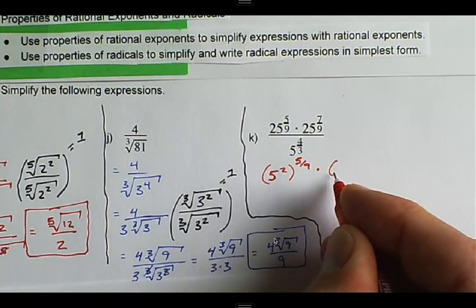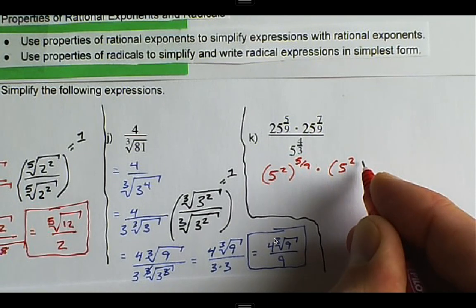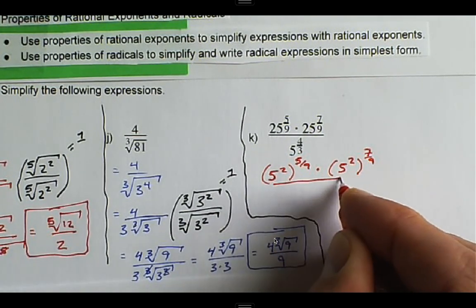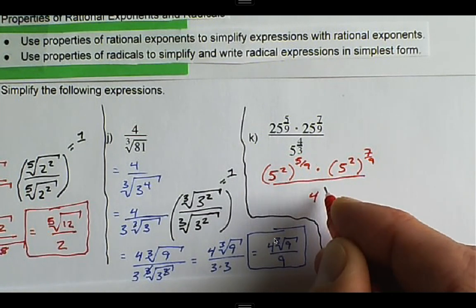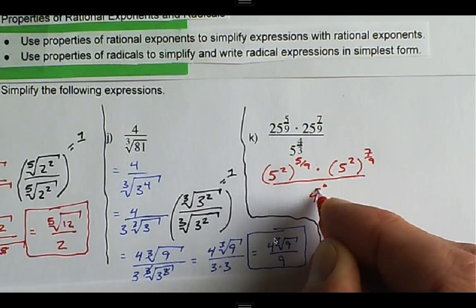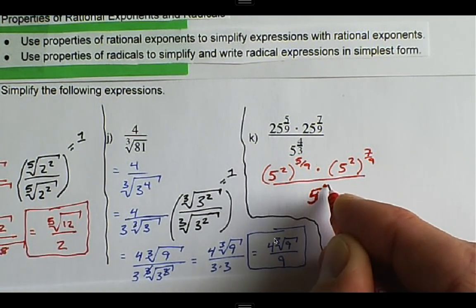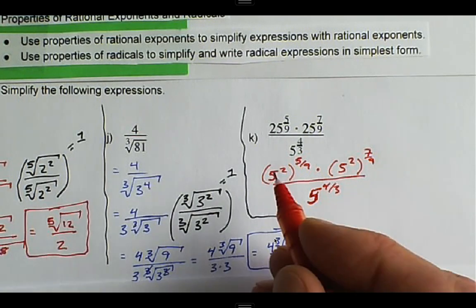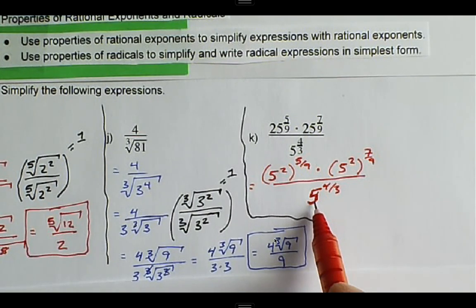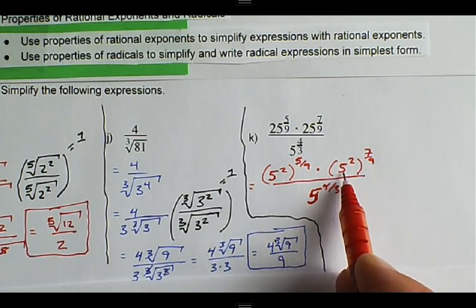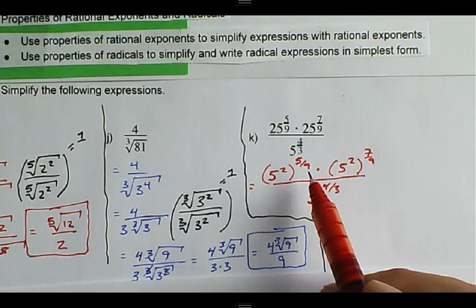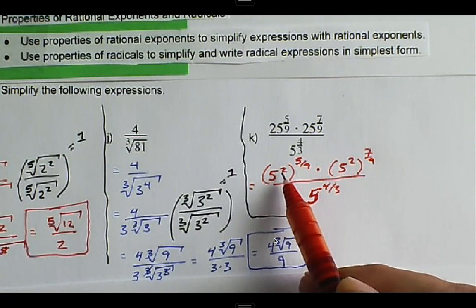And then we can go times 5 squared raised to the 7/9 power, all over 5 raised to the 4/3 power. We're not quite where we want to be, because the denominator is written as 5, but the numerator is written as 5 squared. So we got to get rid of that 5 squared. And what we can do is we can multiply these together.